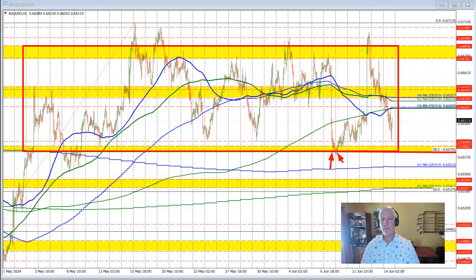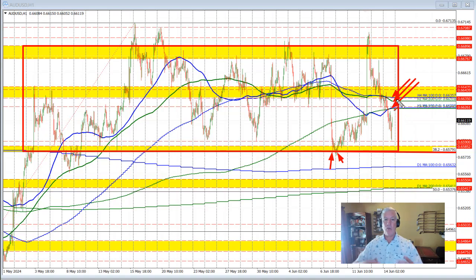Now, what would tilt the bias more to the upside? If I look at this chart and at the cluster of moving averages right here, first off, they're about in the middle of this trading range, where the value area is. So getting above the 50% retracement would increase the bullish bias from that perspective. Also getting above that cluster of moving averages, including the 100-bar moving average on the 4-hour chart, the 200-hour moving average, the 100-hour moving average, and the 200-bar moving average on the 4-hour chart.